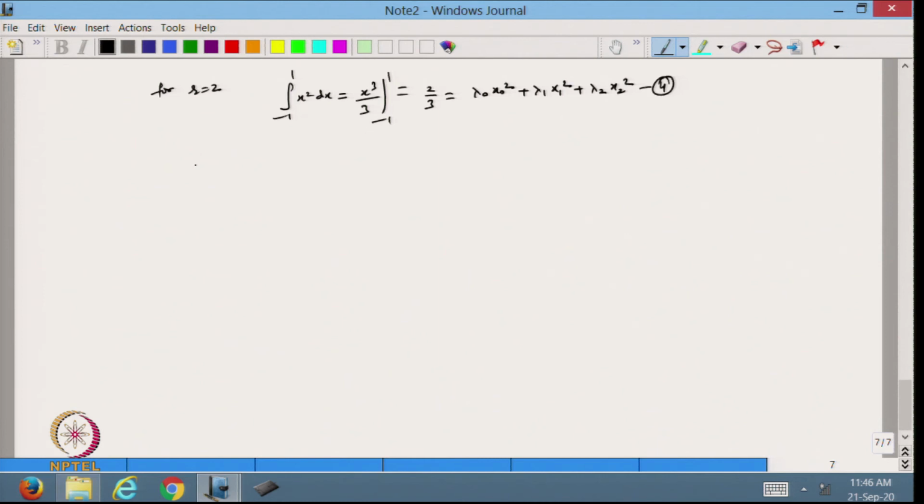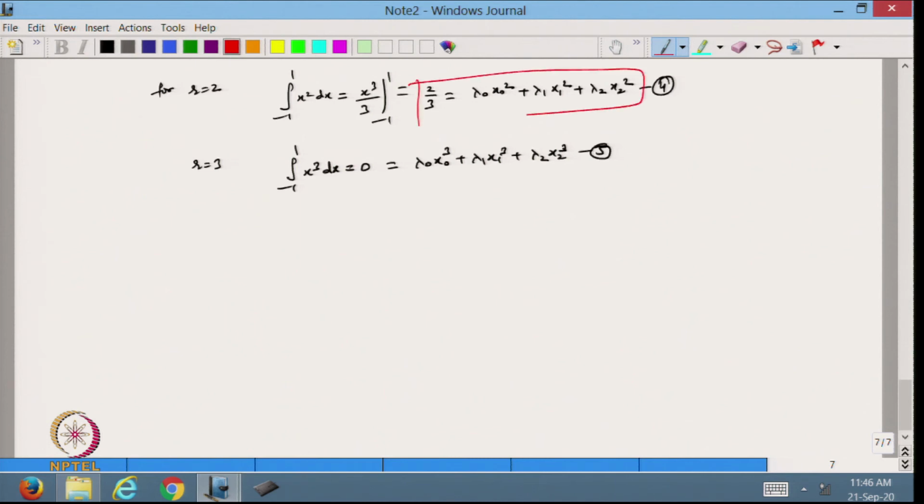Similarly, we can define for r is equal to 3, this will be integral minus 1 to 1 of x cube dx, and this is an odd function. So, the value will be 0. So, this will be equal to lambda naught x naught cube plus lambda 1 x 1 cube plus lambda 2 x 2 cube. So, this is equation number 4.